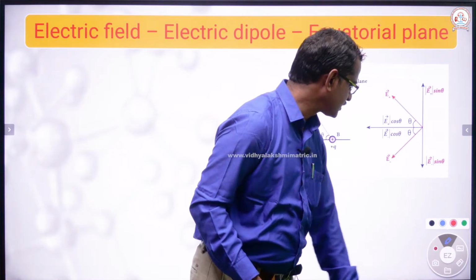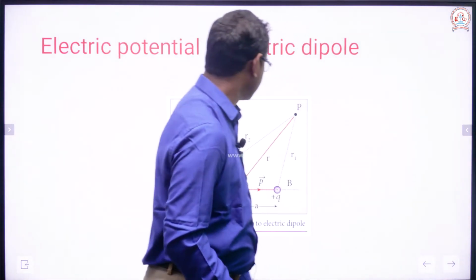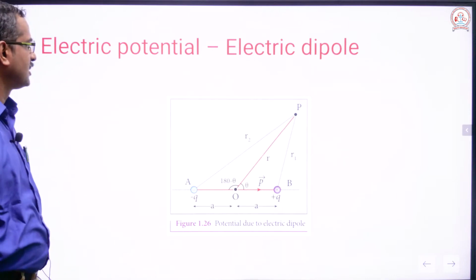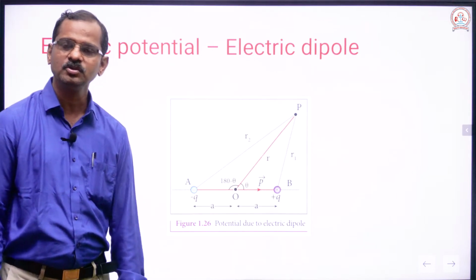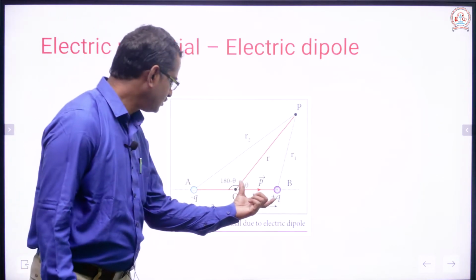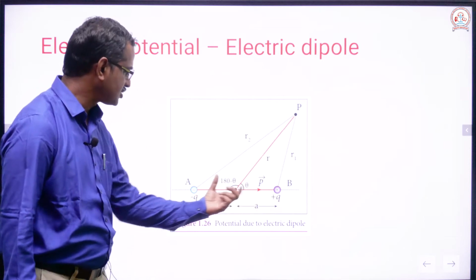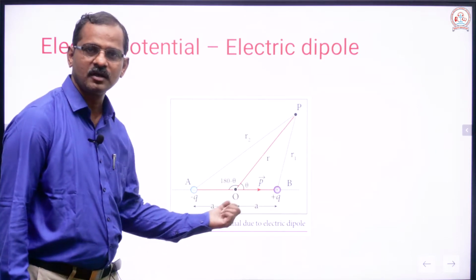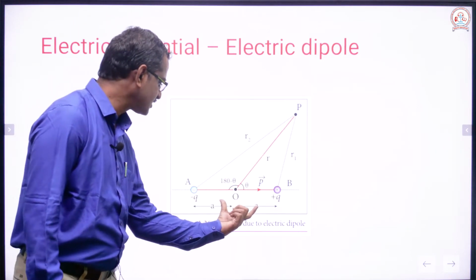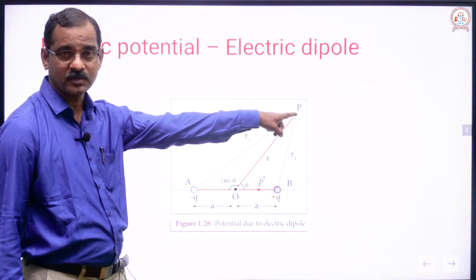Now we shall discuss electric potential due to an electric dipole. Consider two equal and opposite charges, minus q here and plus q here, separated by a small distance 2a. Now we are going to calculate the electric potential at this point.